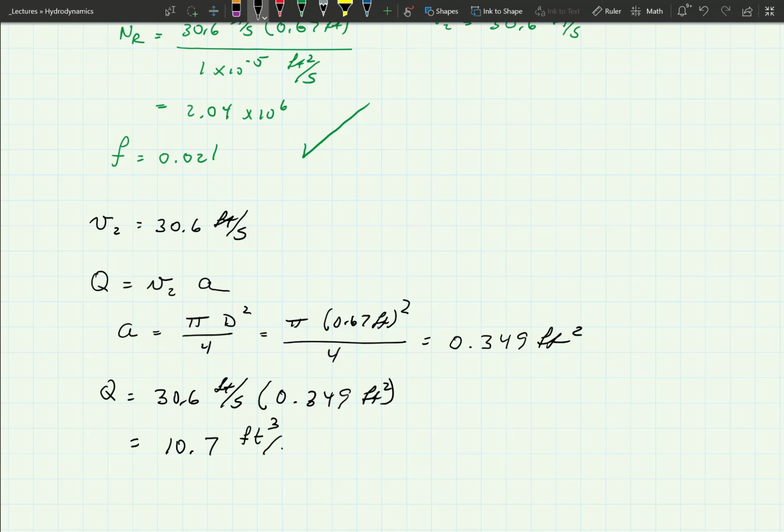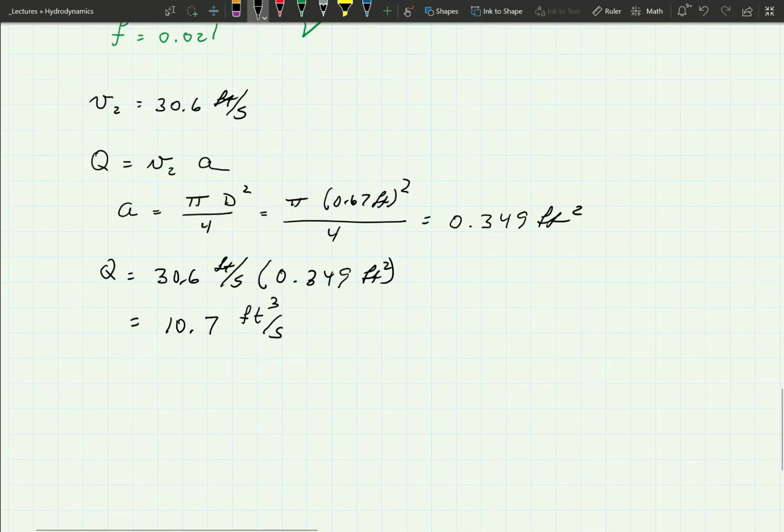Feet cubed per second. And just to put you in terms of the old geeks that do this old job, CFS. Okay, CFS is cubic feet per second. Okay, it comes from those bozos that didn't have computers that used typewriters.